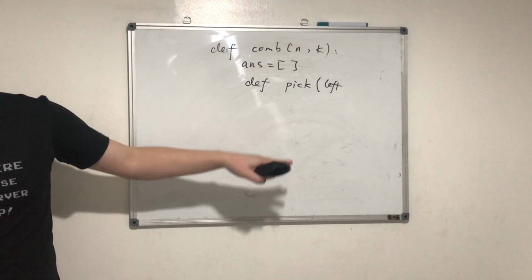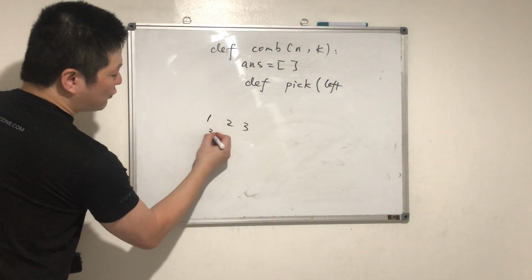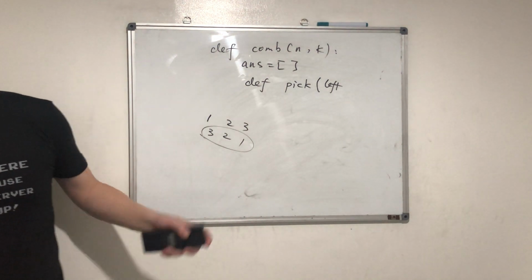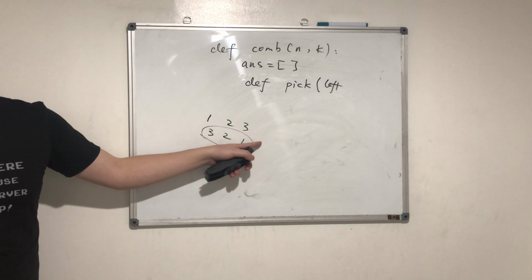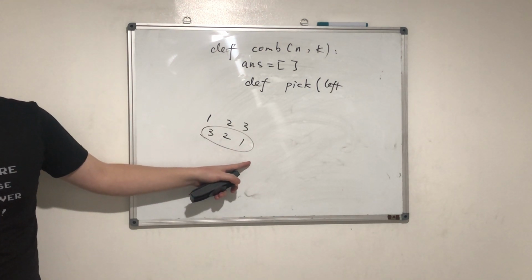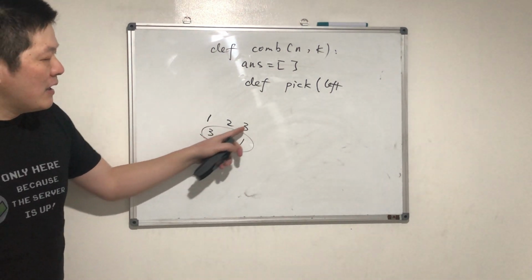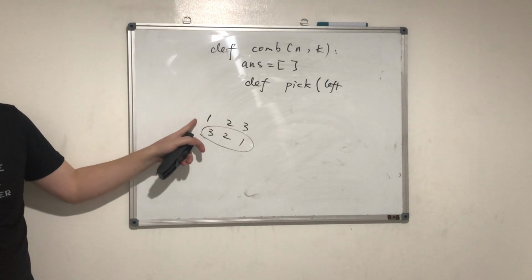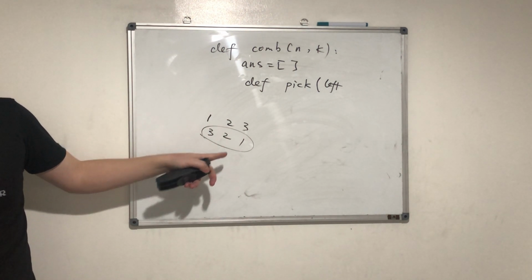We don't want to come back again, because picking 1, 2, 3 is the same as picking 3, 2, 1. These are repeated, because a combination does not have order. So we want to avoid this kind of duplication. If the last apple we picked is 3, we don't want to come back to pick 1 and 2 again. Does it make sense?